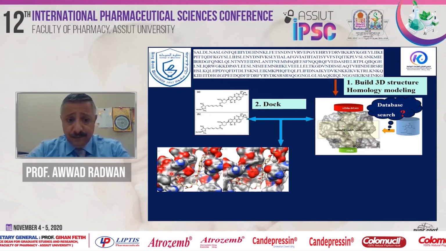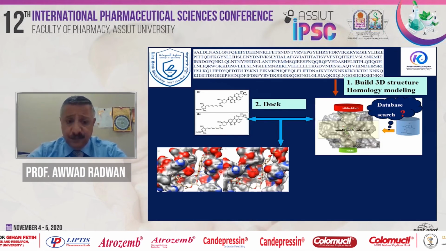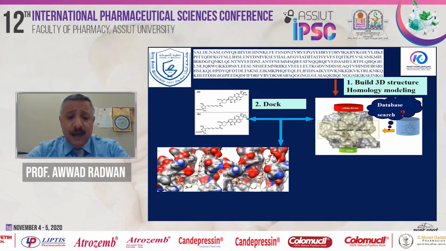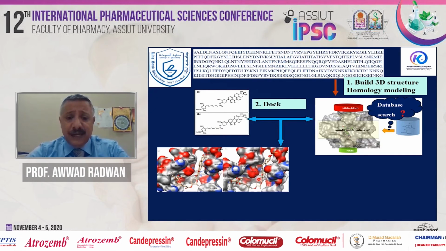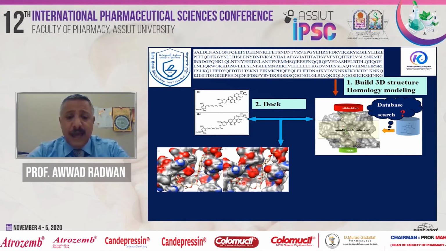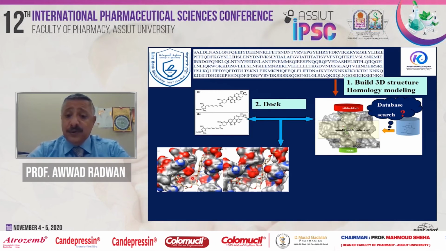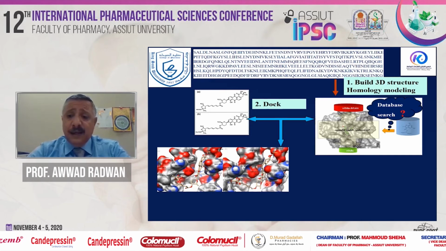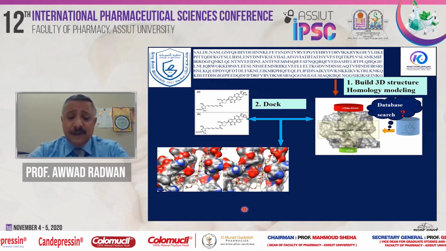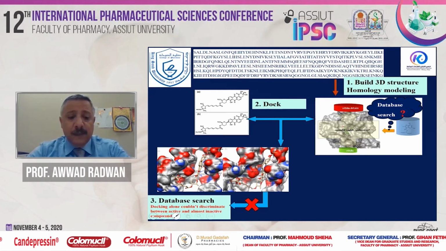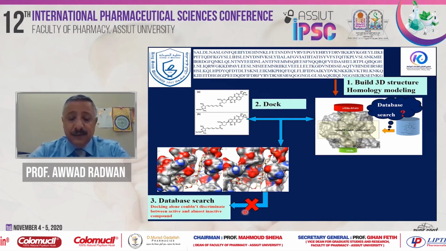Unfortunately, the docking results revealed almost similar binding orientations for active and inactive compounds, and almost equal docking scores. For this reason, using this docking process for database searching couldn't discriminate between active and almost inactive compounds.